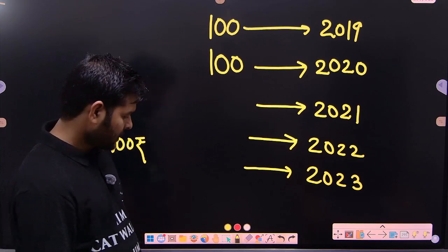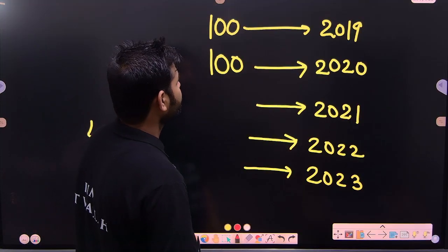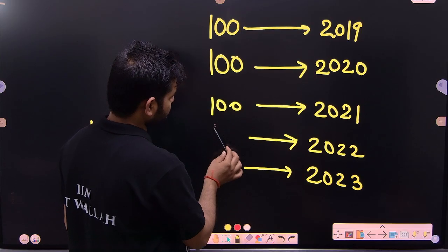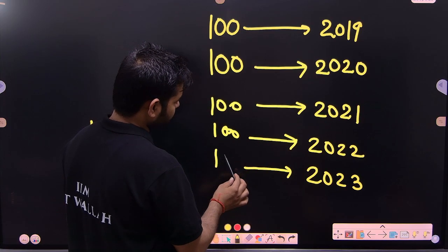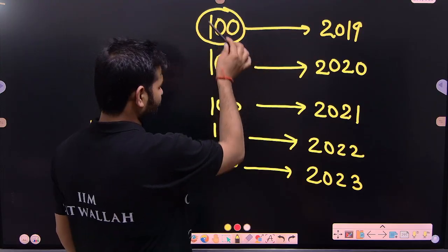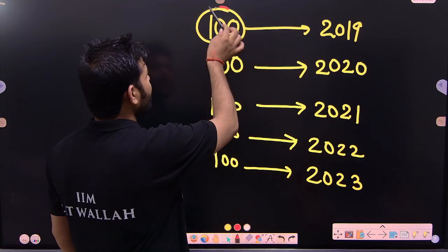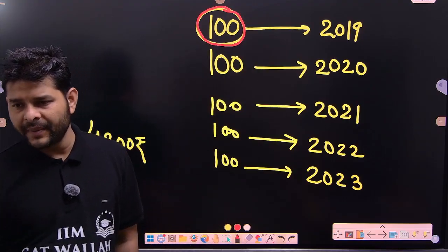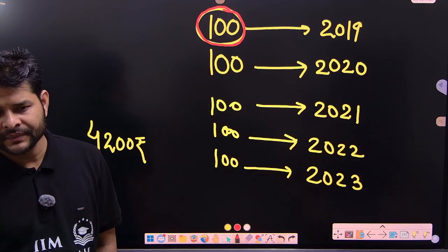Got it? So now guys, you need to tell me one thing. On this 100 unit, for how many years will the bank provide the interest? For 5 years or for 4 years?